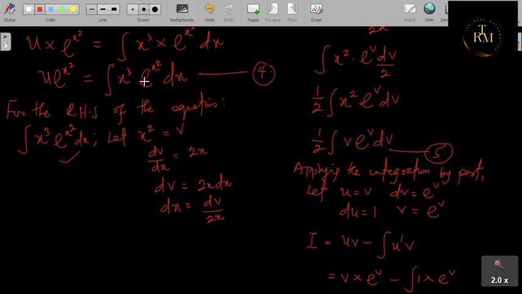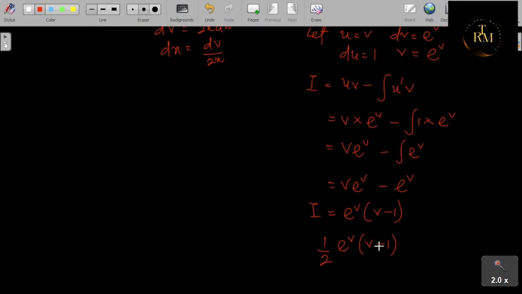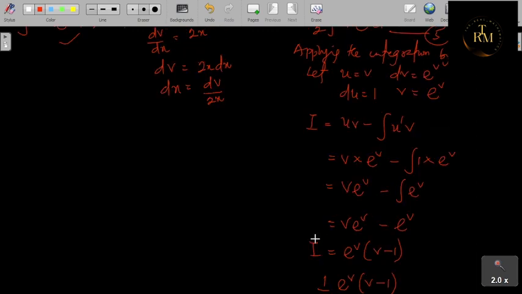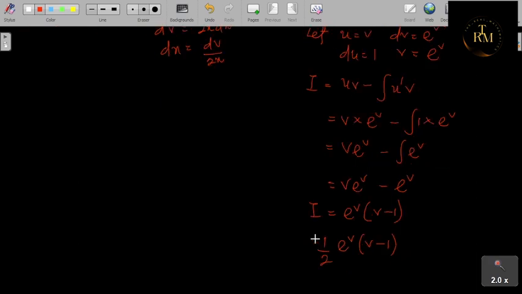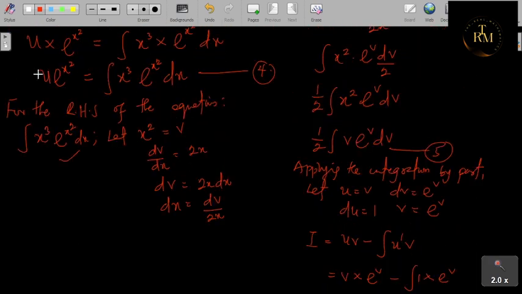Here on this side, I'm just going to replace that with exponential v minus 1 and 1 over 2. And if I do that, I'm going to have something like this. Watch me do that. Let me go back so I can see this very well. On the side here, remember, I made v equal to x squared.